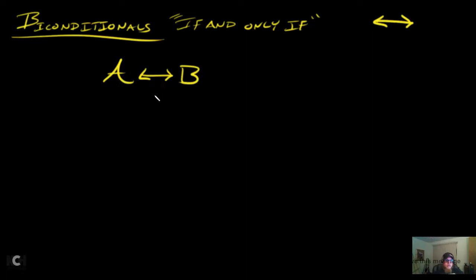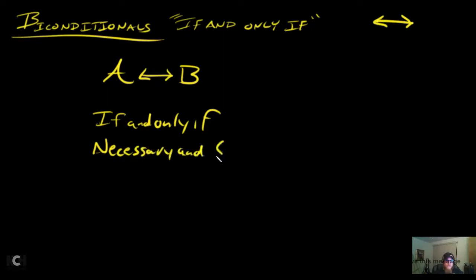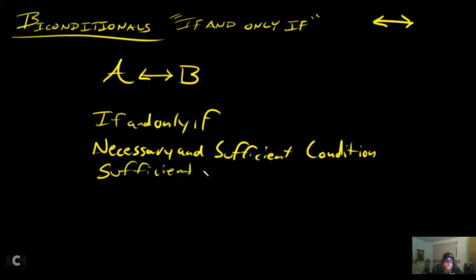So when we see a biconditional, we can represent it by the phrase if and only if. That's one of them. We can represent it by the phrase necessary and sufficient condition. Conversely, we can represent it by saying sufficient and necessary condition.